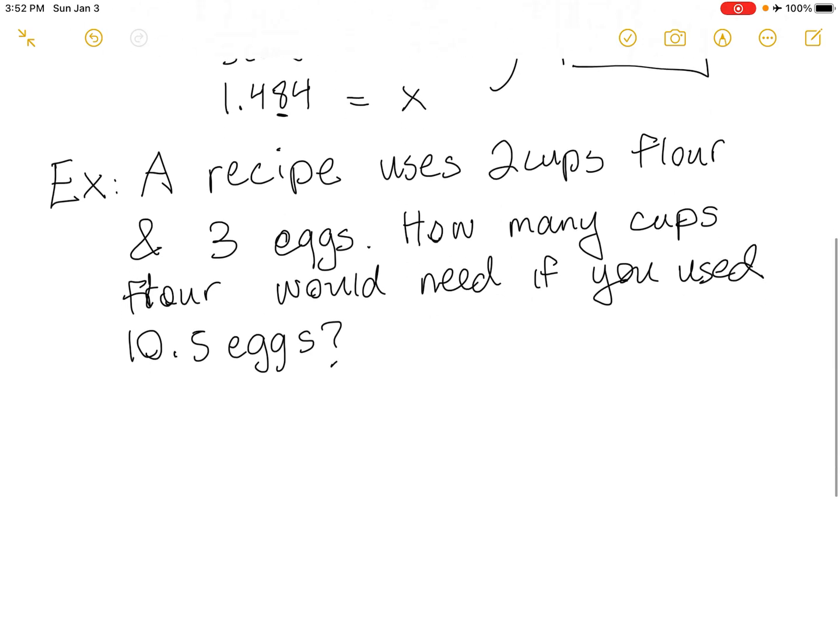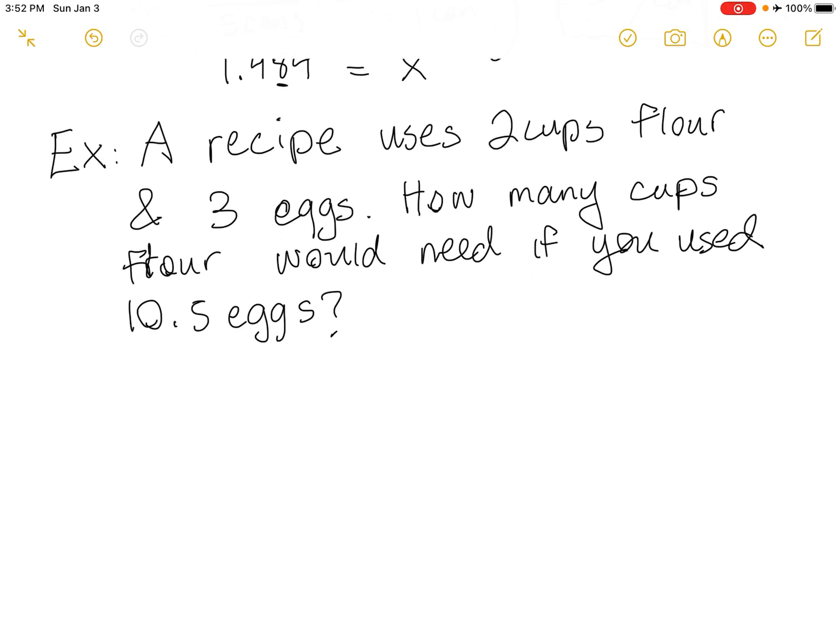Okay, well, we can set up a proportion here. So normally we have 2 cups flour to 3 eggs. Okay, that has to equal the same proportion as what we're going to do when we scale up the recipe. Well, how many eggs are we using? We're using 10.5 eggs.